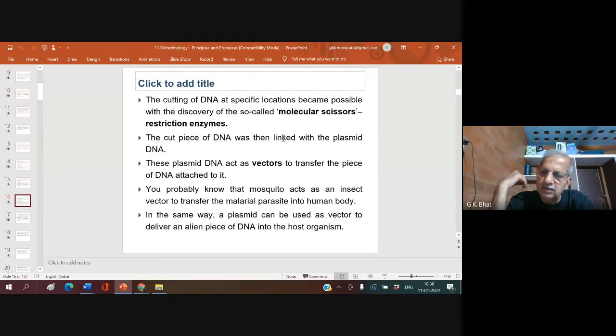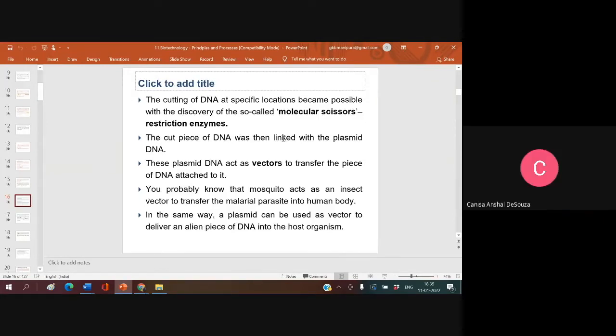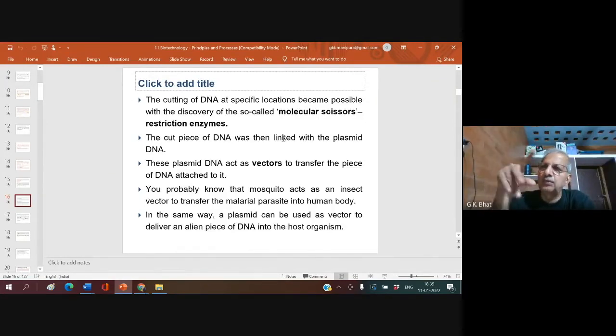Who will answer? It carries sporozoites. It carries sporozoites from an infected person to a healthy person, right? So for the malaria parasite, this Anopheles mosquito is the vector.